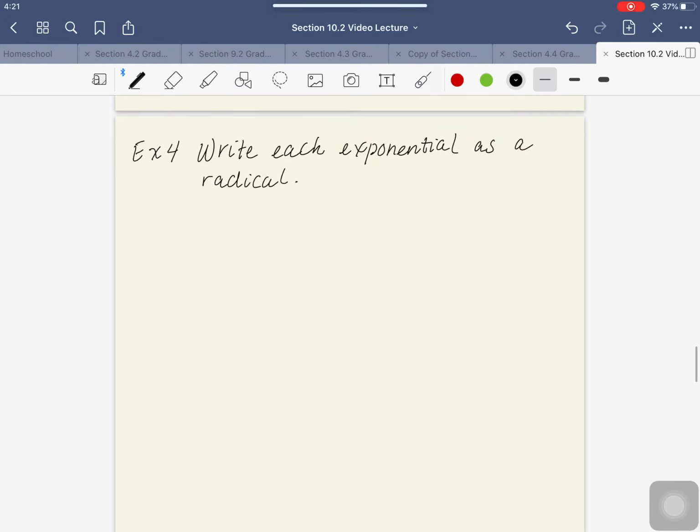All right, we want to write each exponential as a radical. So again, same thing that we've been doing. So 13 to the 1/2 power is the same as the square root of 13.